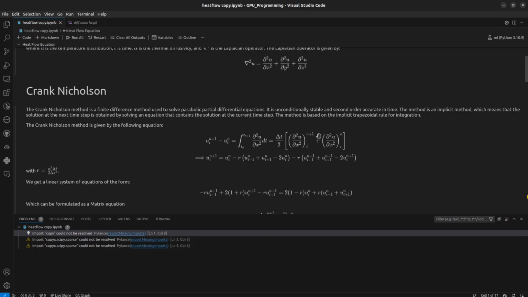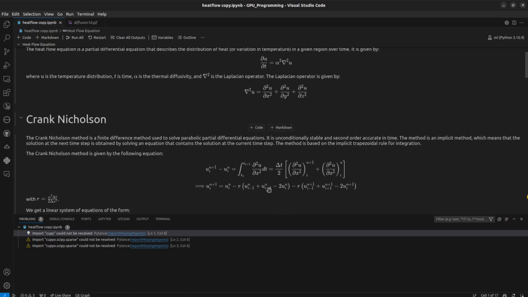The nice thing about this scheme is that it is unconditionally stable, meaning it does not depend on the discretization in time or the discretization in space for it to converge, which makes it super easy to use to solve these kinds of equations. But if we use the Crank-Nicolson scheme, we don't have an explicit formula, but we get an implicit formula, but we will dive into that a little later.